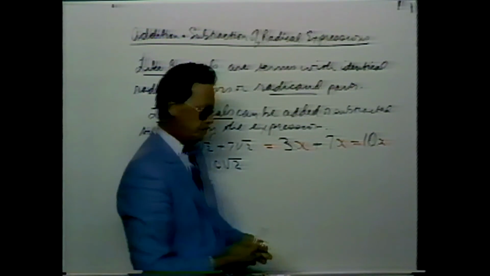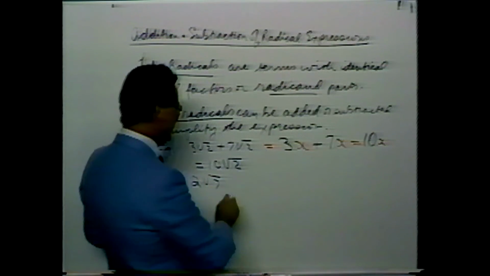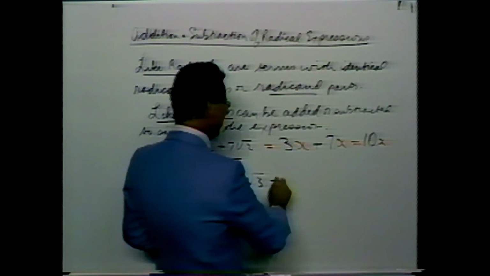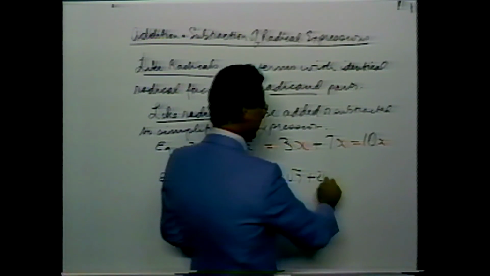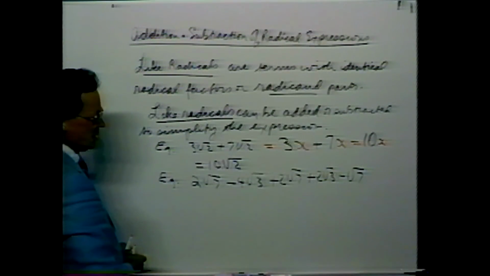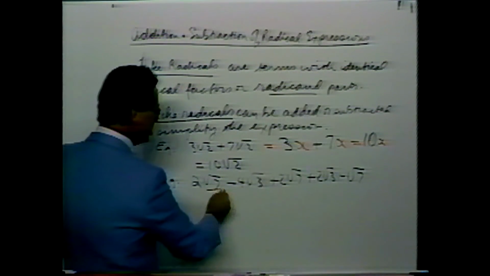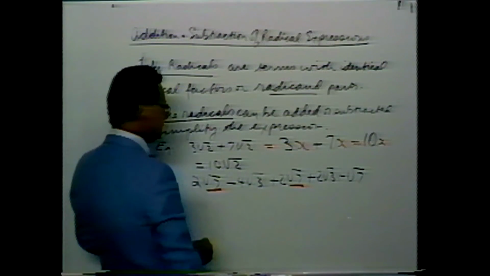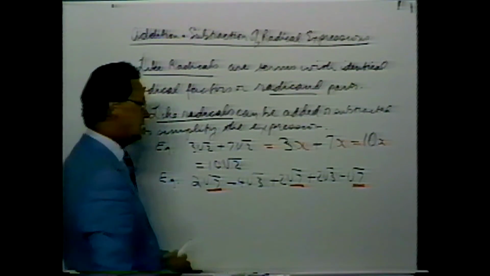Another example, let's take 2 root 7 minus 4 root 3 plus 2 root 7 plus 2 root 3 minus root 7. There are several like radicals in this expression. Here is root 7, same radicand as this one, which is root 7, and this one, which is also root 7.